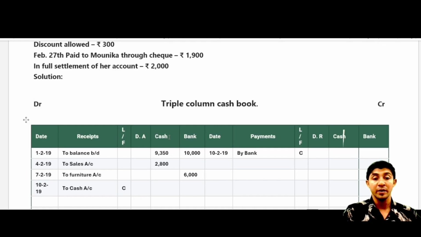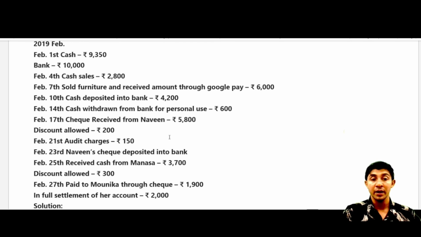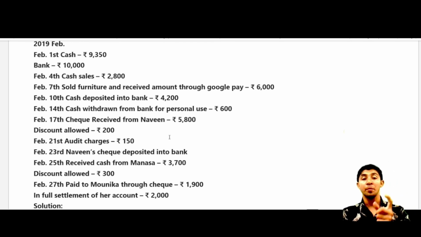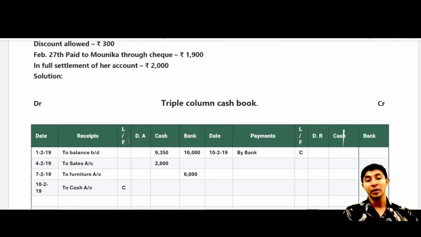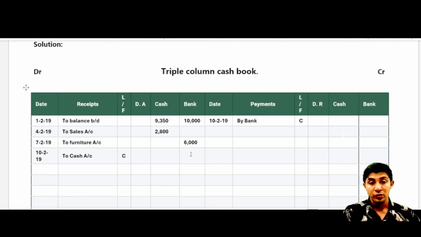Always remember the rule of contra entry: you need to enter the amount in the opposite column. If cash is shown, enter in bank; if bank is shown, enter in cash. So here it is cash, so we have to enter in bank, that is 4,200. Here it is bank, so we have to enter in cash. The amount is 4,200.